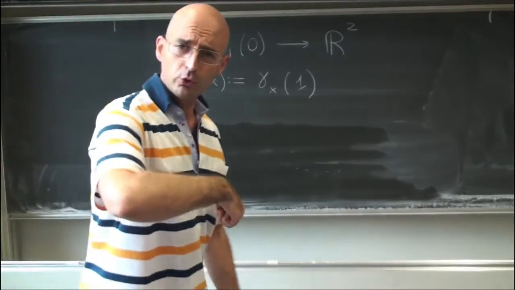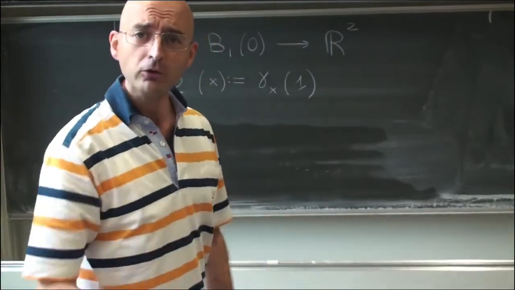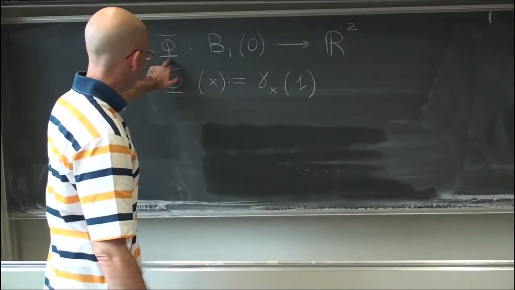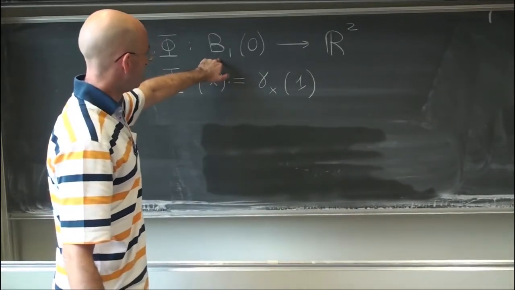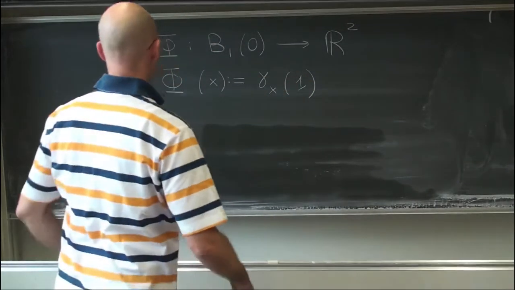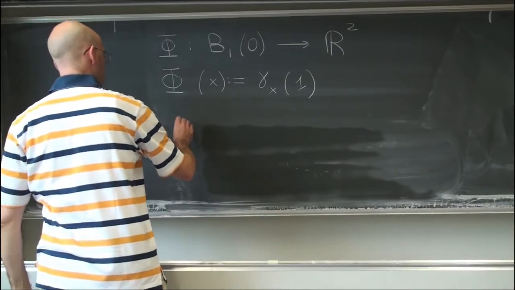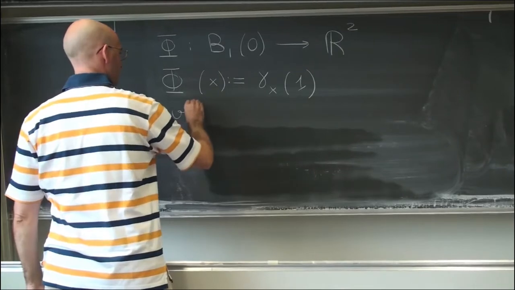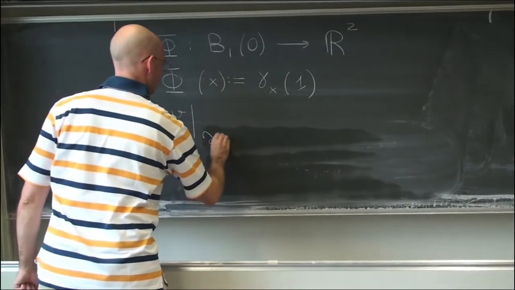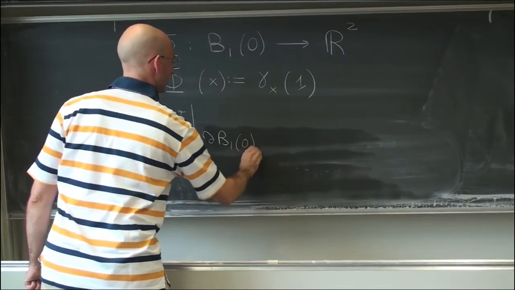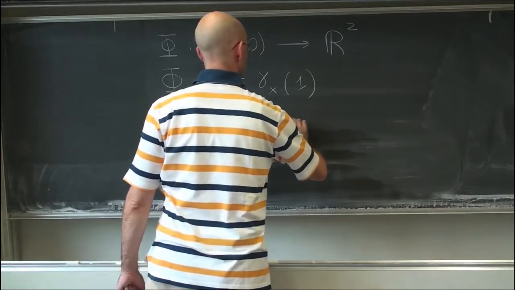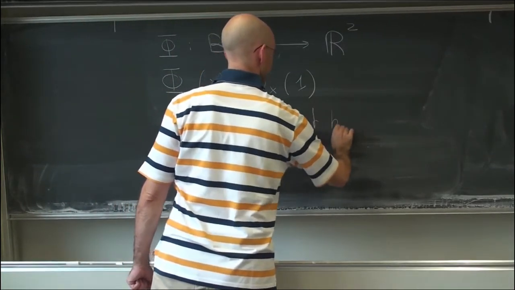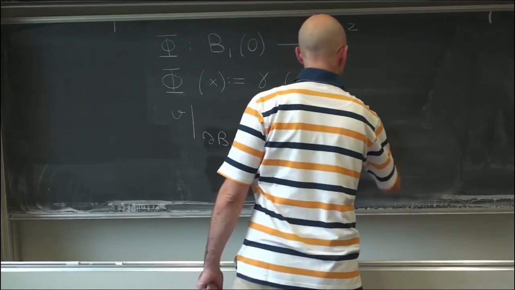Of course, you don't want to spill the fondue outside of the pot, which means that you want this map phi to go from the unit disk into itself. Well, then you have the following condition: v at the boundary of your pot has to be tangent to the boundary itself.